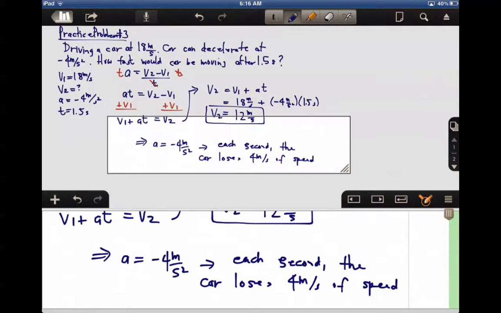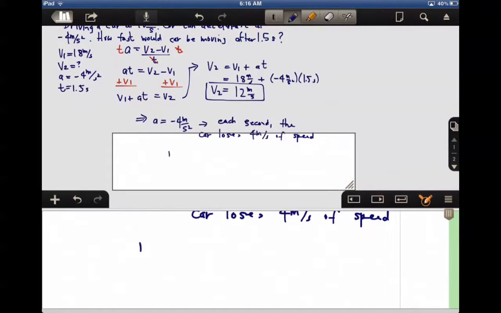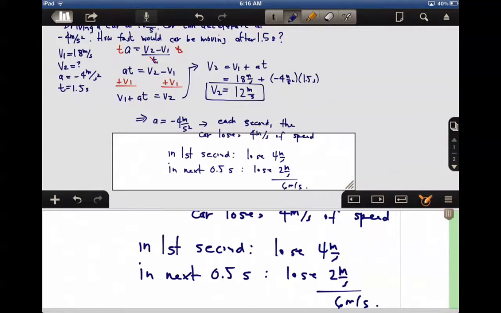So we have 1.5 seconds to lose speed. So in the first second we lose 4. In the next half second we lose 2 for a total of 6. So in first second, lose 4 meters per second. In the next 0.5 seconds, we lose 2 meters per second for a total of 6, and that's how you go from 18 to 12. And this is the end of the video.